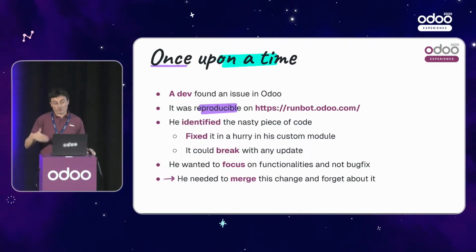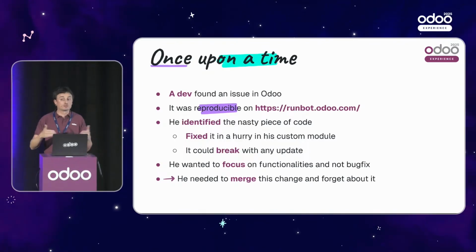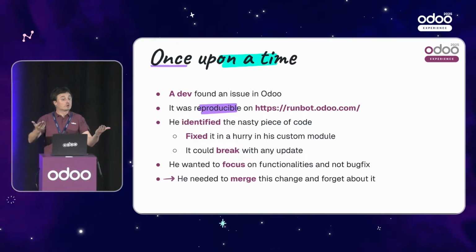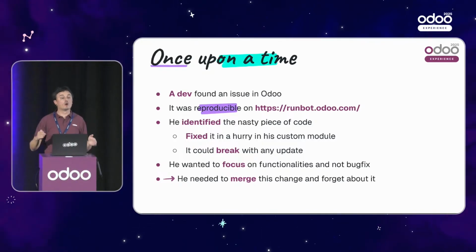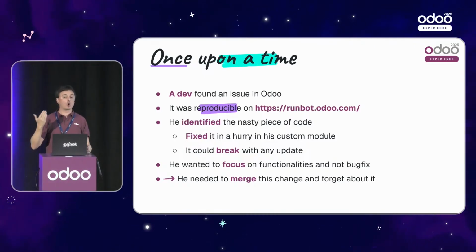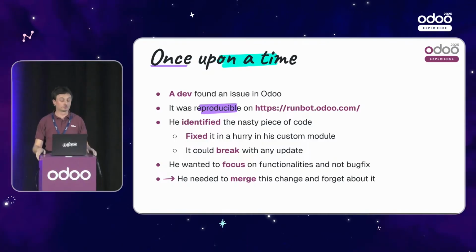But as you are maintaining that patch, it could break with any update. So your role as a developer is to focus on your own code, your own added value. So if the issue is in our part, then it's our burden to fix it and to maintain it.